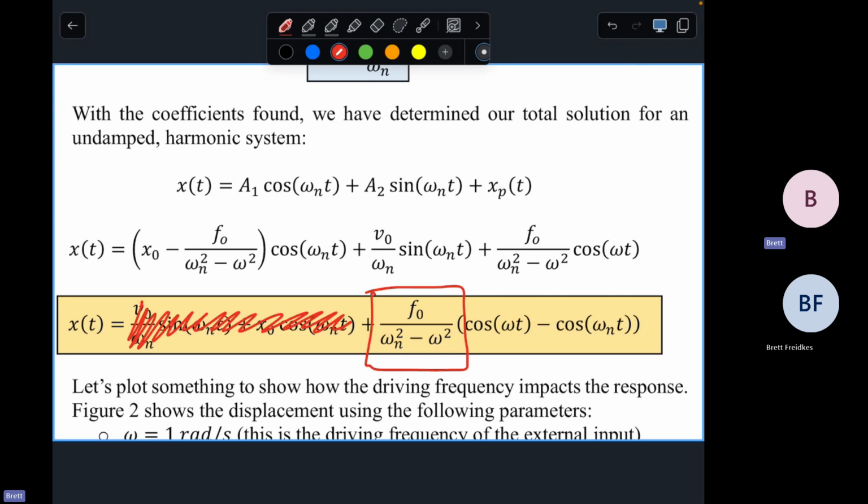So omega n has to be here somewhere. It is in the amplitude, but it should also be impacting the oscillations in the form of a cosine wave. So that stuff is all there. So that's what we see with zero initial conditions, that we still have that cosine omega nt term that pops out. Is that okay, Peter?